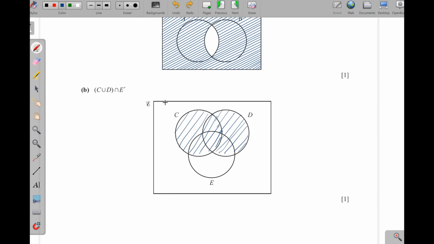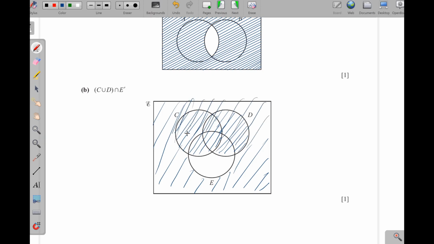Outside of E is everything like this. Now what is the common region? It is this one here, here, and here. You see, outside of E, but also in C union D. So these are the points we are going to shade. So that's what we are supposed to shade.